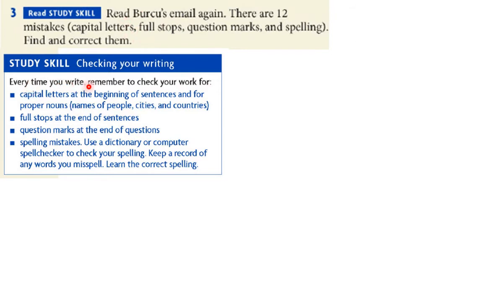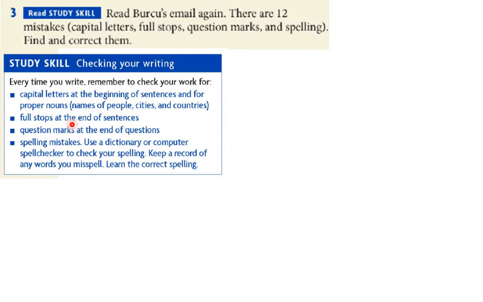Every time you write, remember to check your work. So when we write, we should check our writing. The checking is for capital letters at the beginning of sentences and for proper nouns such as names of people, cities, and countries.